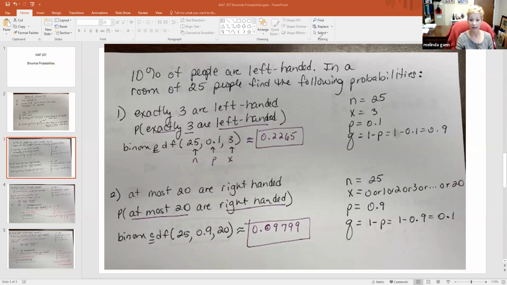Well, 0 could be left-handed, 1 could be, 2 could be, 3, all the way up to 25. Remember, that's the sample space. So the complement is everything but these. So if I take all of that out, the only thing left is my complement. So the only thing missing is 0. So the complement of at least 1 is 0.